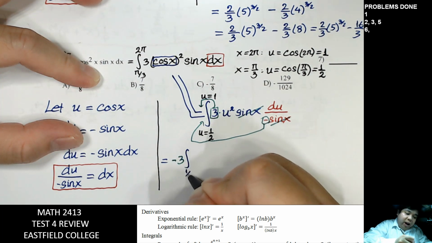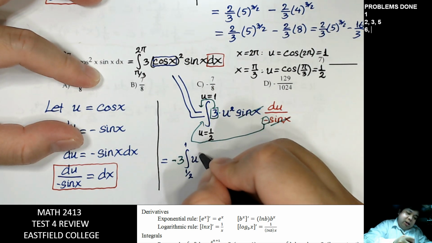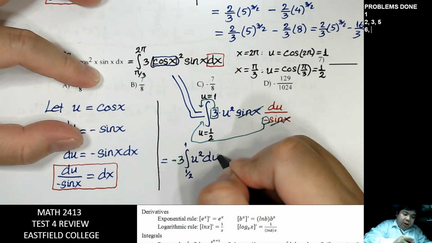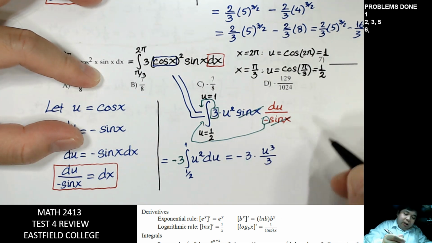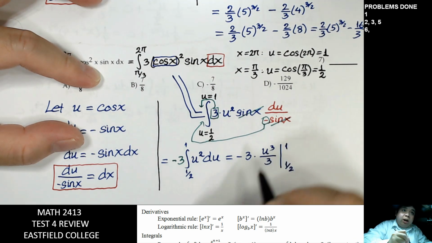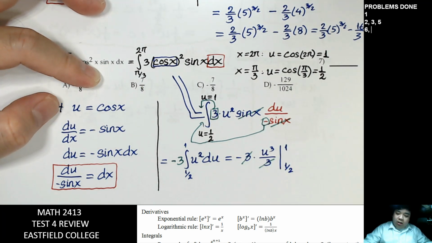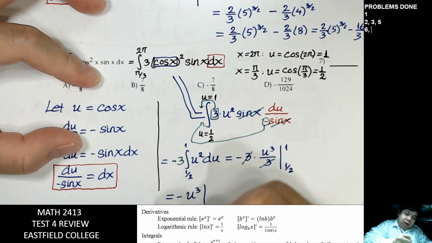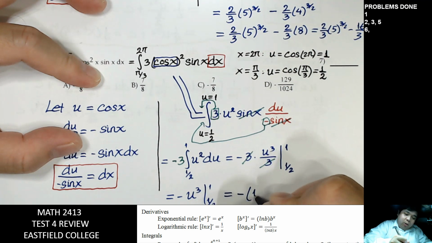We go from 1/2 to 1. And then we just have u squared du. Integral of that will be u cubed over 3. That goes from 1/2 to 1. Right. Conveniently this cancels out, so we just have negative u cubed going from 1/2 to 1, so we have negative 1 cubed.